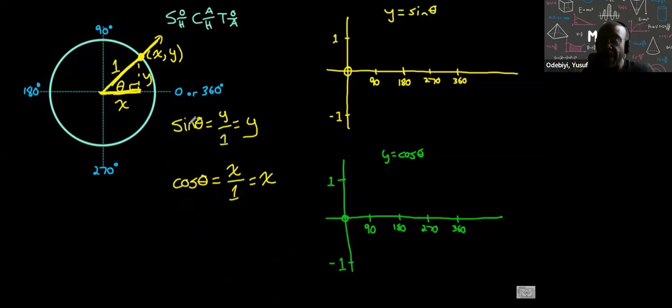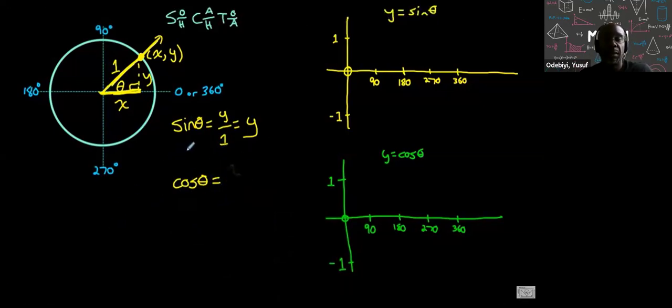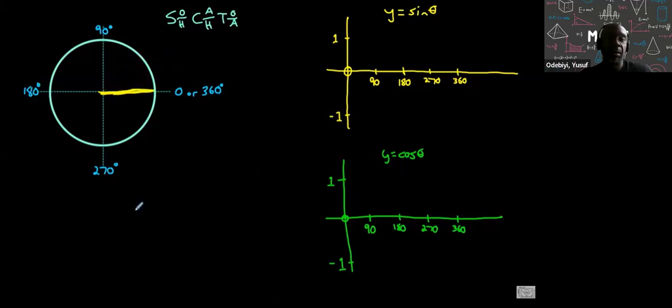So we know that sine theta equals y and cos theta equals x. Let's use that relationship to figure out what the ratios are going to be at some key points as we rotate around this unit circle. Let me get rid of all this.